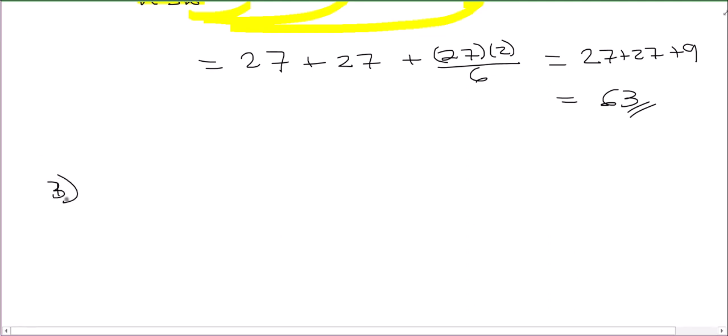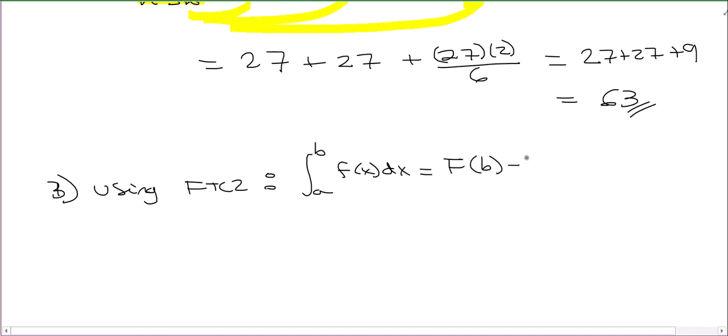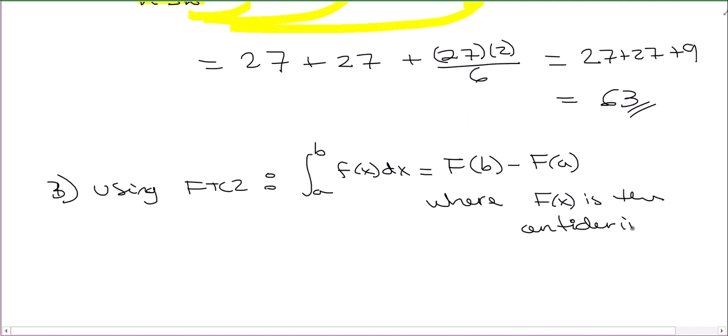So part B is using FTC 2, which says that the integral from a to b of f of x dx is F of b minus F of a, where capital F of x is the antiderivative of little f of x, meaning that capital F prime is equal to little f.